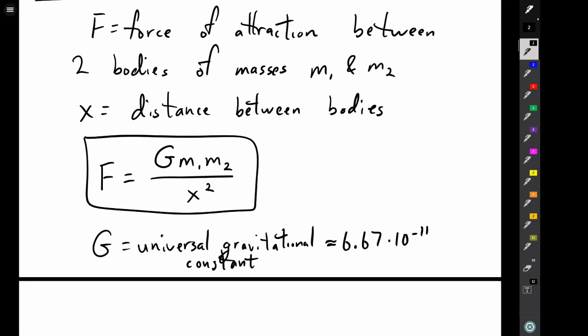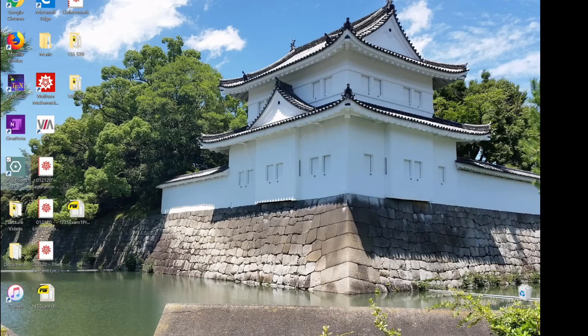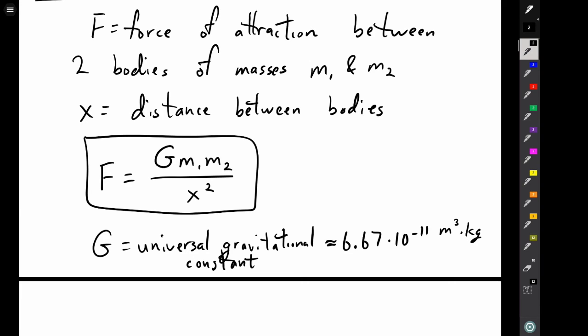So this is meters cubed per kilogram second squared. Sorry, that kilogram's supposed to be on the bottom. Cubic meters per kilogram second squared. Some interesting units on this, but yeah.